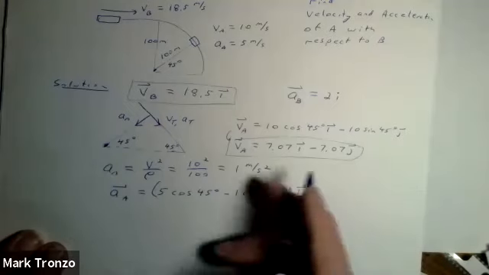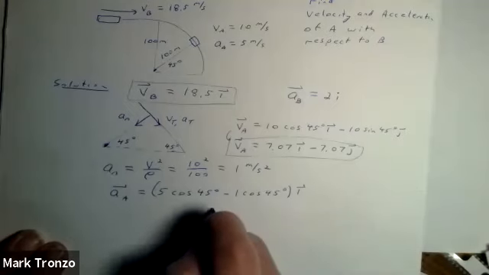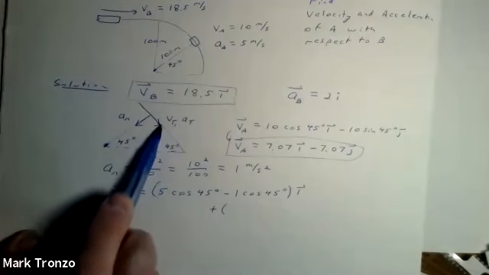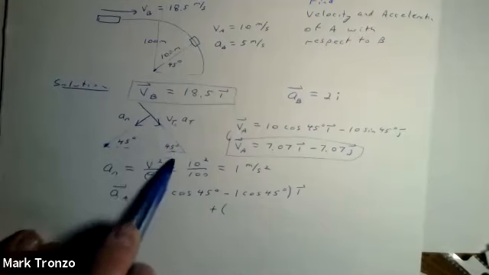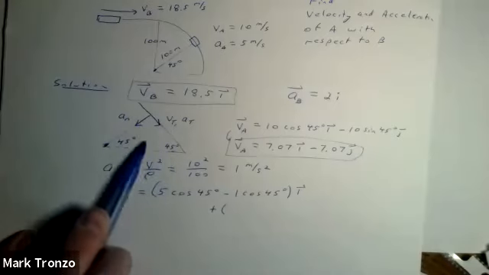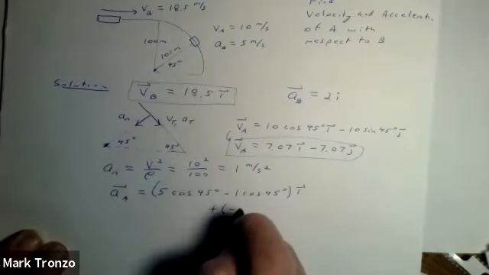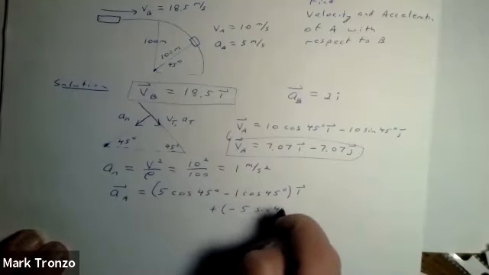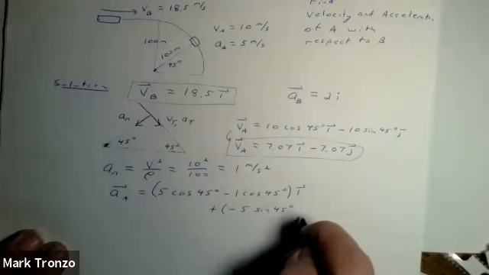Then for the J component, I'll put a plus, and then for the tangential, again, for 45, this is going to be sine. It's going in the negative direction, minus 5 sine 45 degrees.